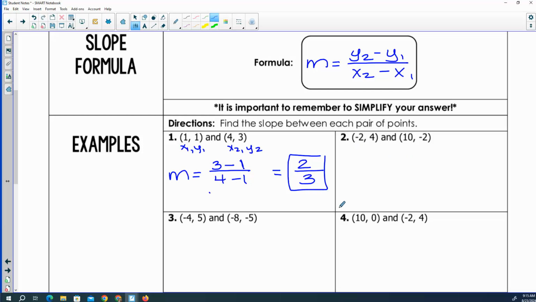Let's look at the second problem. If I wanted to label these, this is the x of the first one, the y of the first one, x of the second, y of the second.